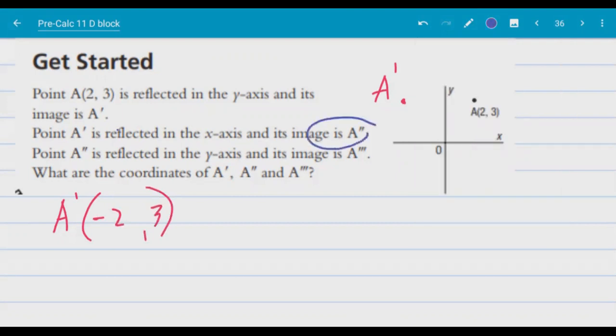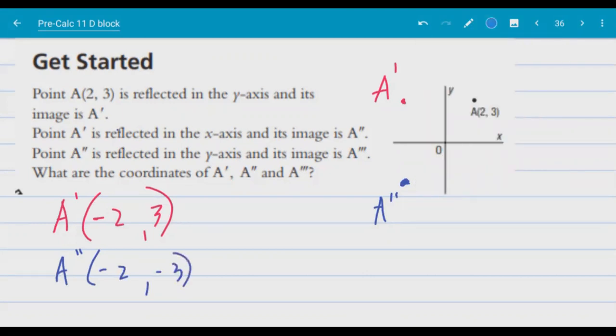This time there is an A double prime, and that is to reflect A prime over the x-axis. So maybe somewhere here. All right? So let's call it A double prime. And it will have what coordinates? It is still 2 units to the left, but then it's 3 units down, -3.